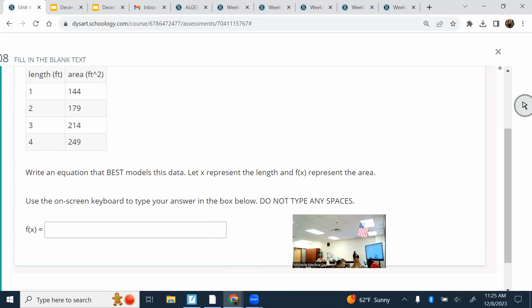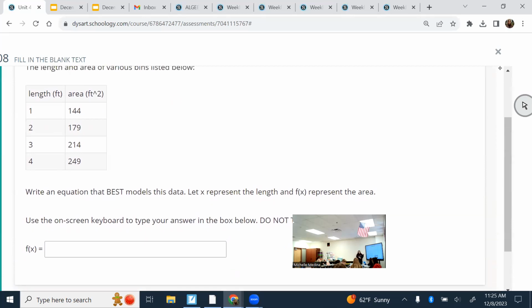So for this, and this is gonna be a big theme, especially next semester, but it's a question on your test, so you just kind of have to experience it now. But we already covered linear functions. So when you look at the table, do you see like any sort of pattern? When the x goes up, the y goes up.